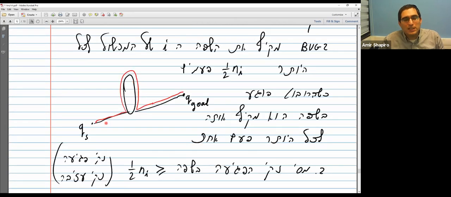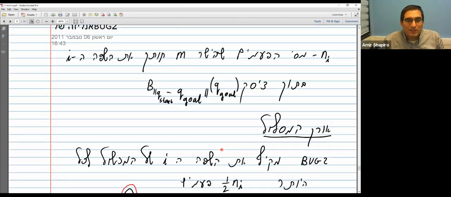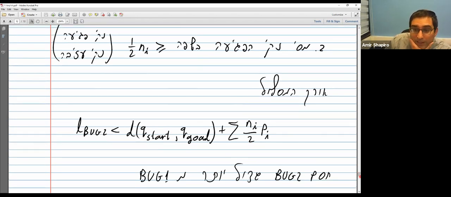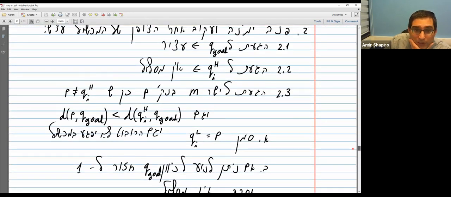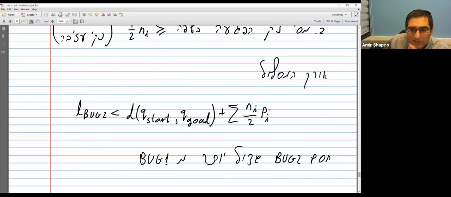You see, even though it looks shorter here than Bug 1, the upper bound of the length that the algorithm will go is longer than Bug 1, because in Bug 1 I have 1.5 obstacle boundaries, and here I have n_i over 2, which can be much bigger than 1.5.